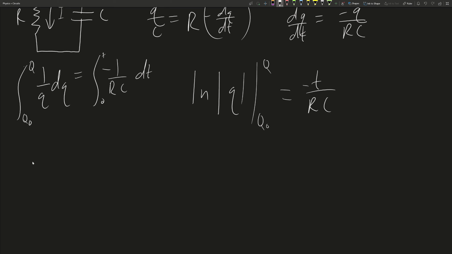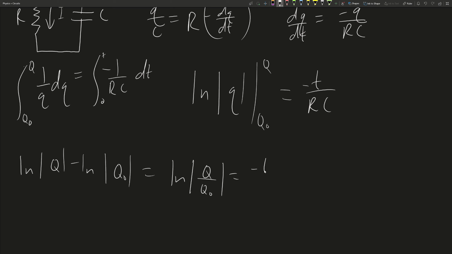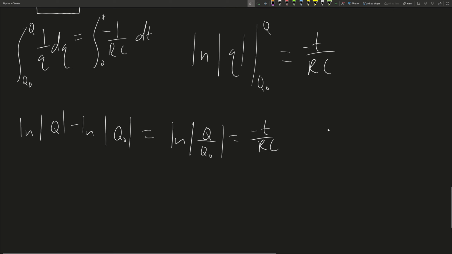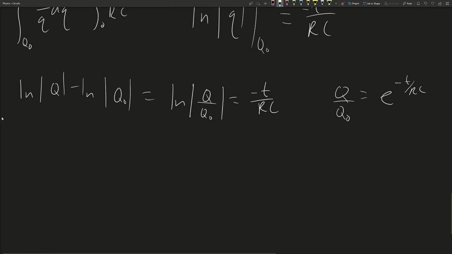And this left-hand side is equal to ln q minus ln q0, which is ln of q over q0. And again, this is equal to negative t over RC. Exponentiating both sides, we get that q over q0 is equal to e to the negative t over RC, so q is equal to q0 e to the negative t over RC.